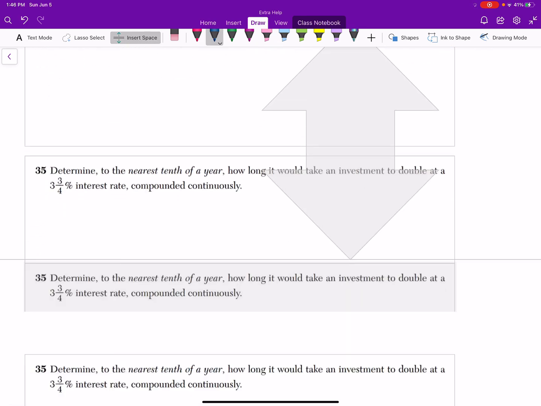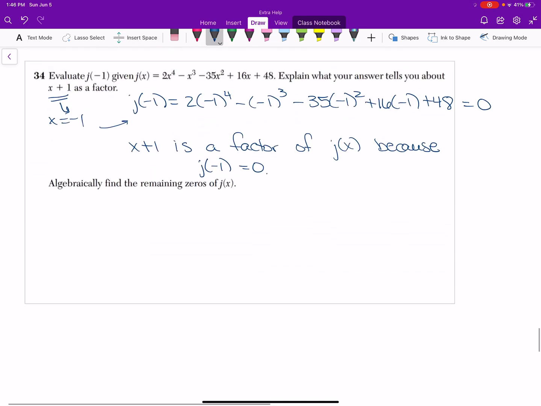Next part, algebraically find the remaining zeros of j of x. So the zeros are what we get when we solve this equation and set it equal to 0. So we are going to have to continue with the question. We know that x plus 1 is one of the factors.